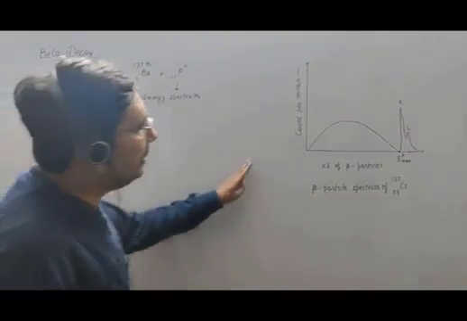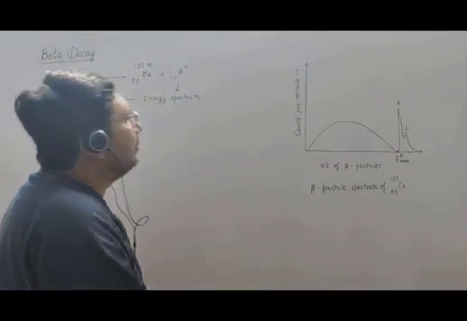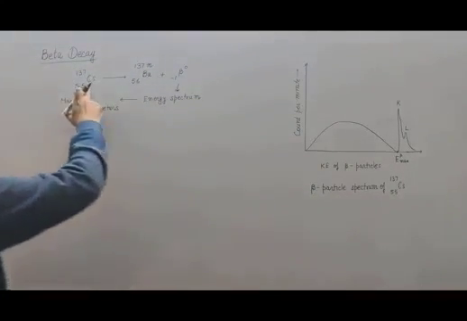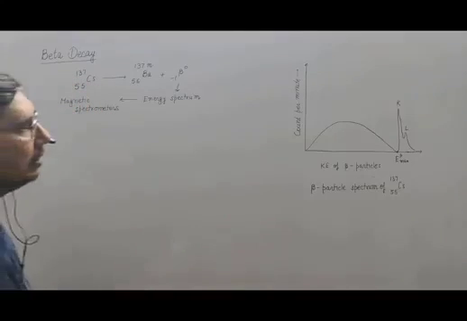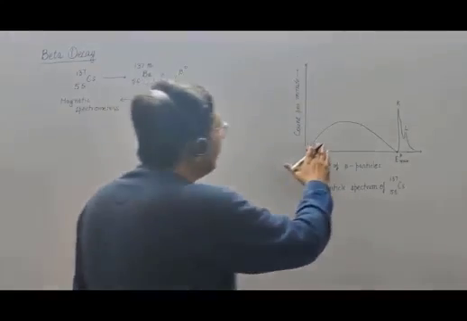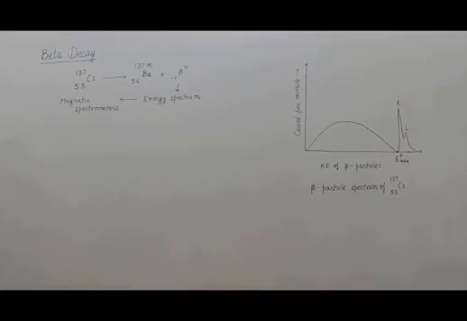This type of beta particle energy spectrum is observed when the parent nuclei is 55Cs137.